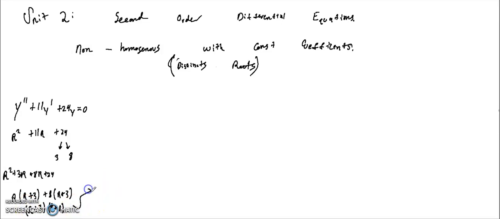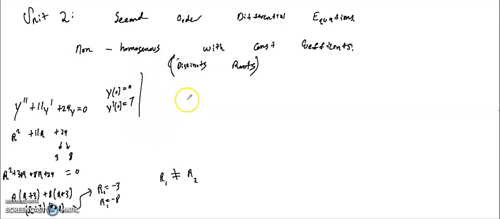And this all equals 0, so our roots are r equals -3 and r equals -8, or r1 and r2. And when r1 doesn't equal r2, we use the distinct roots case, which, well, first let me write our initial conditions. y of 0 equals 0, y prime of 0 equals 7.